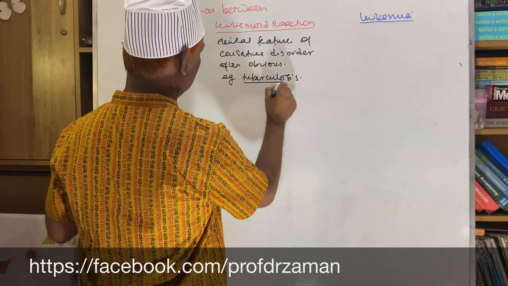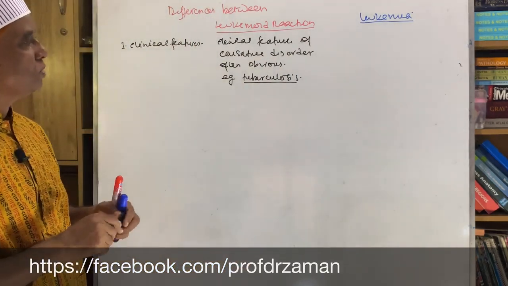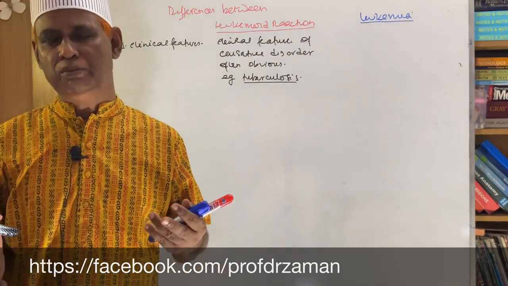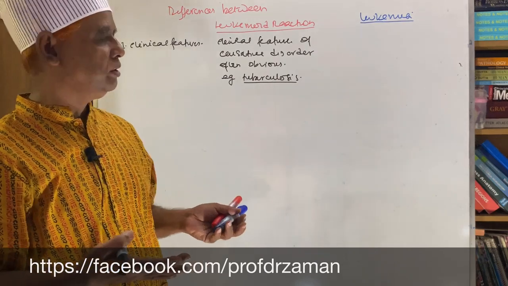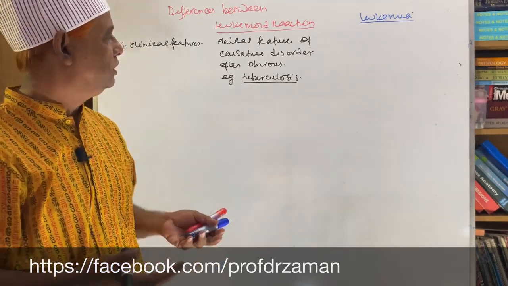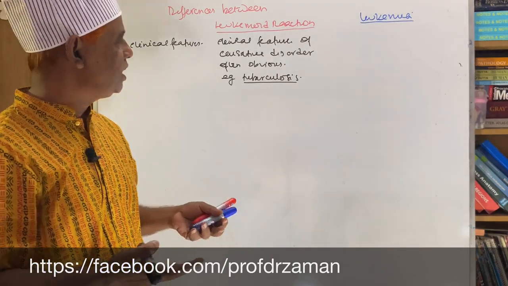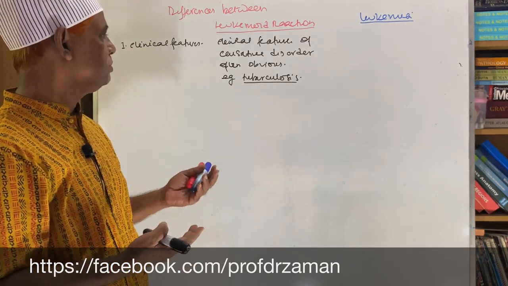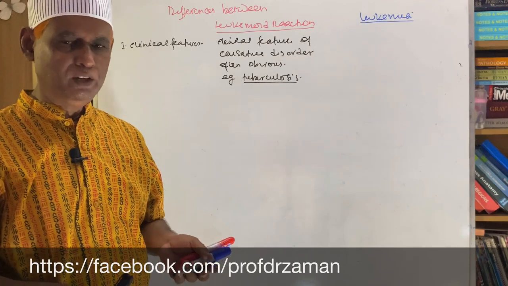Dear audience, you know, if anybody suffers from tuberculosis, either extrapulmonary or pulmonary tuberculosis, there will be evening rise of temperature. If pulmonary tuberculosis, there will be dry cough. Patient may suffer from anemia, anorexia, and weight loss. So these are very much obvious in case of tuberculosis, and you know tuberculosis is one of the causes of lymphoid leukemoid reaction.